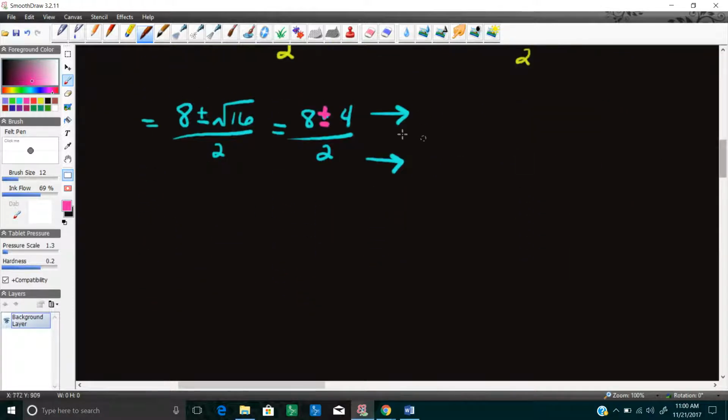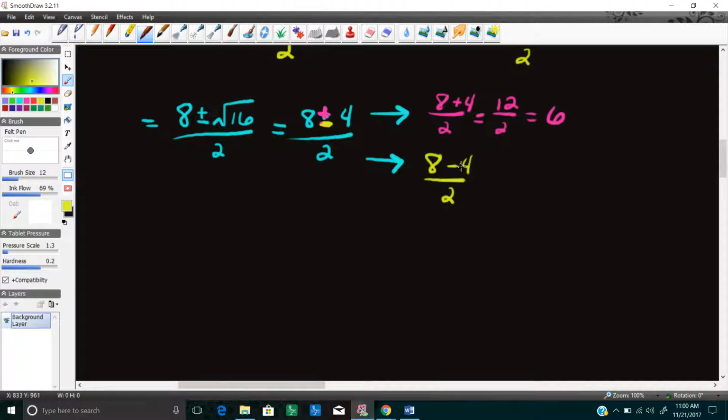So this one is going to look like this: 8 plus 4 over 2. And that takes care of the plus. And the minus will be 8 minus 4 over 2. And we just simplify these. So for the first one, I know that 8 plus 4 is 12. 12 divided by 2 is positive 6.